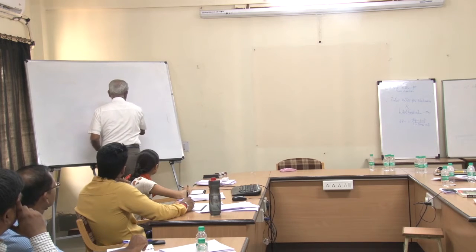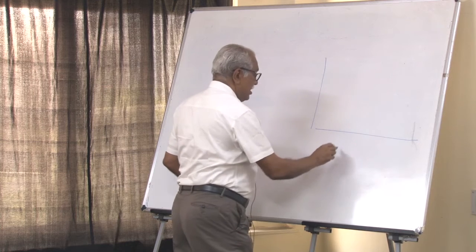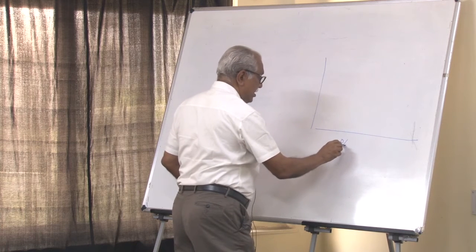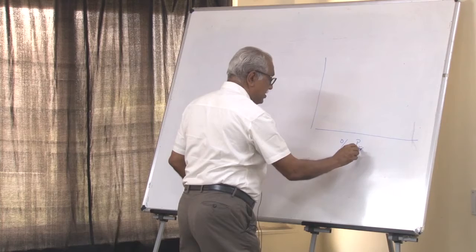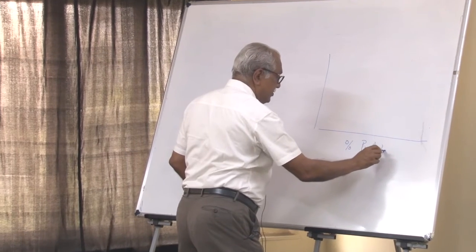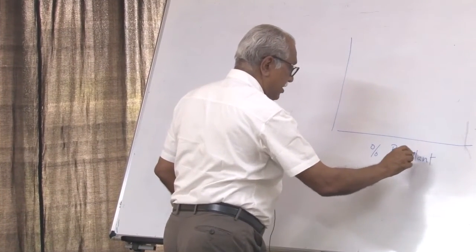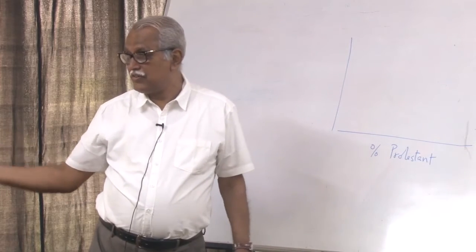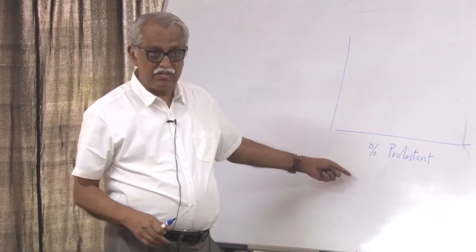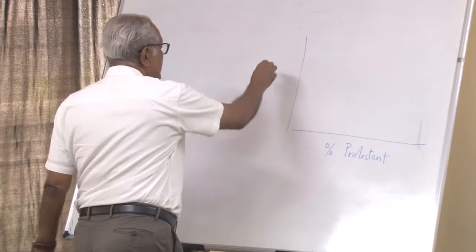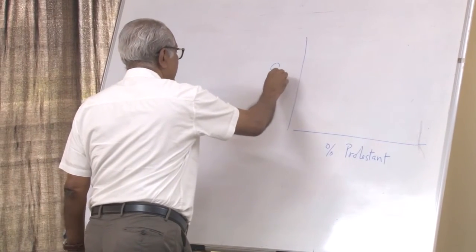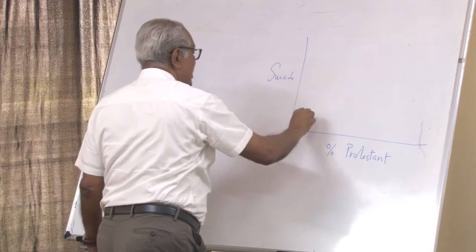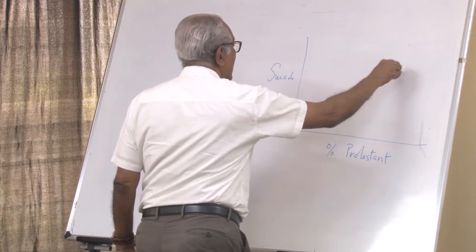This is done in Europe. Percentage Protestant. Do you understand? Not prostitute, Protestant. In a community, there are Protestants and Catholics. This is percentage Protestant, and suicide rate. Wow.